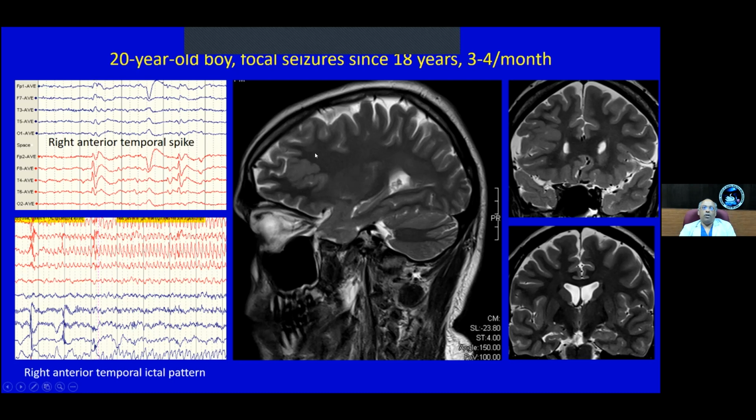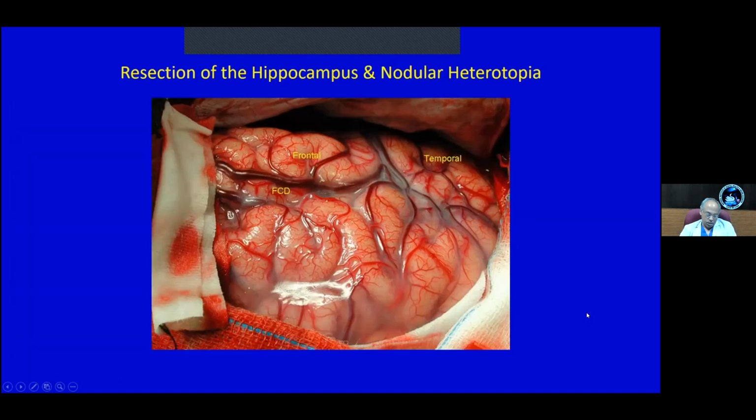This is the nodular heterotopia in the right frontal region, which caused secondary hippocampal sclerosis. So there was a discussion whether to do invasive monitoring and then plan selective resection of the one or the other. But with consent and consensus with the family, it was decided to resect both lesions, being in the non-adjacent as well as in the non-eloquent parts of the brain.